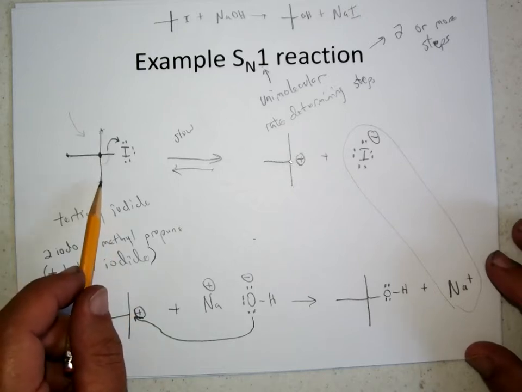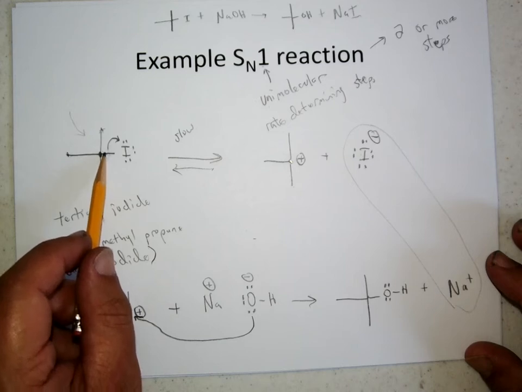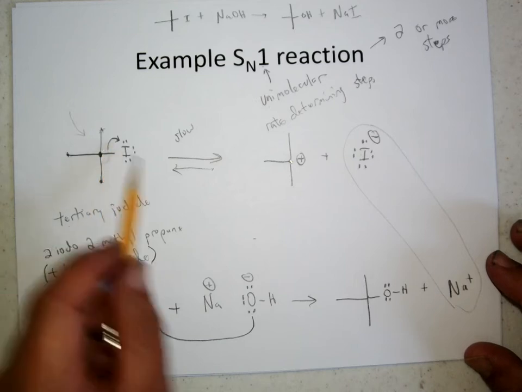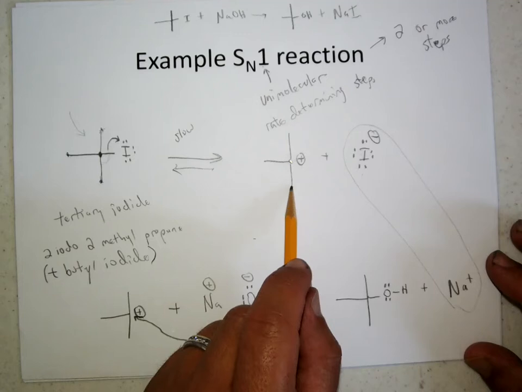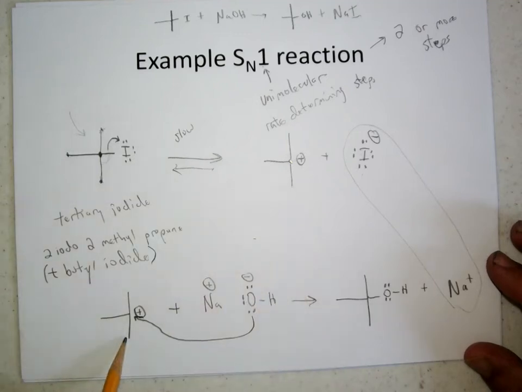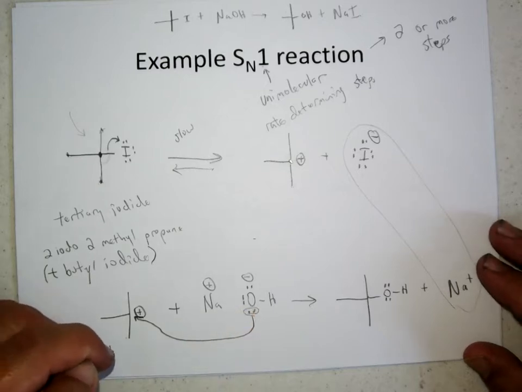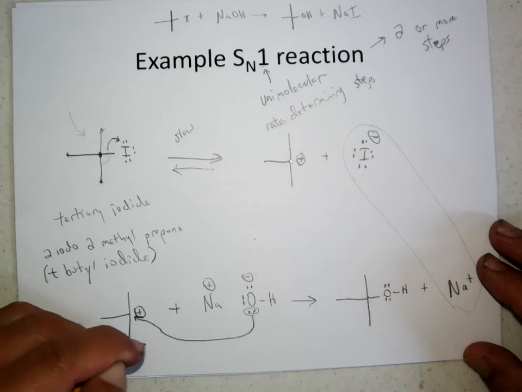First, the tertiary iodide falls apart. There's the arrow saying iodine's leaving with his electrons to make iodide, and a carbocation. The carbocation is very susceptible to nucleophilic attack because it's got an empty orbital, it's positively charged, it's looking for a nice pair of electrons to bond to. So this carbocation is an electrophile.